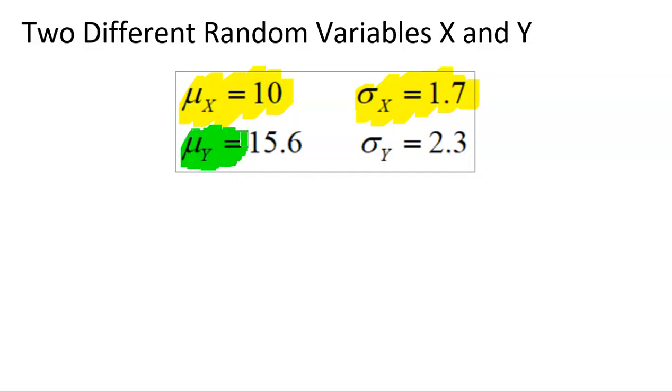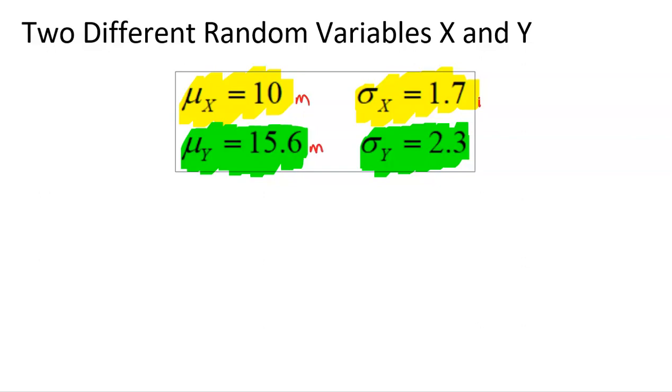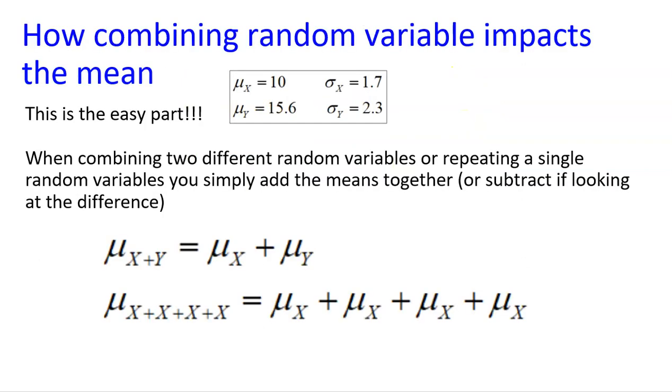Then the mean for a second random variable is 15.6. And of course, that random variable also varies, so there's a standard deviation there as well. Now, these problems have no context, so if you really want to add some context, maybe we could just say that both of these are in meters. So all of this is in meters, because they do need to be the same unit if you're going to combine them together.